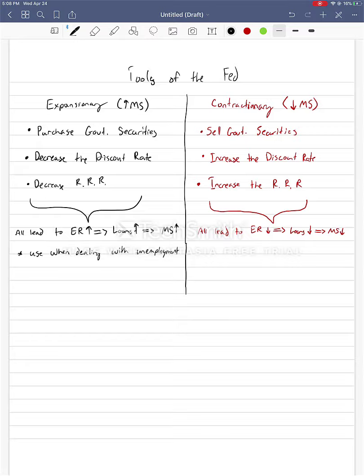As we looked at in our chapter on GDP, whenever there's an increase in total spending, that can lead to an increase in output and an increase in employment. So that's what we want to do to counteract high unemployment. We want to make sure we have an increase in spending. So to do that, we'll try to get more money pumped into the economy.